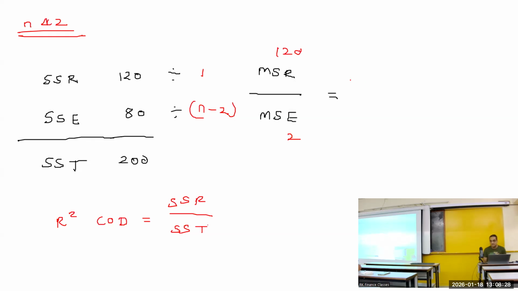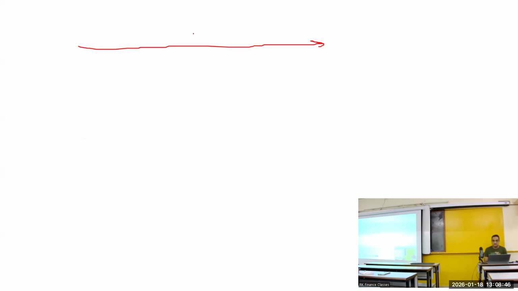And this, which is coming as 60, is called the F calculated value. We used to compare this with the F cutoff value. We used to have two F tables, 5% and 2.5%, and वो देखने के लिए ऐसा होता था, degree of freedom for the numerator and degree of freedom for the denominator.